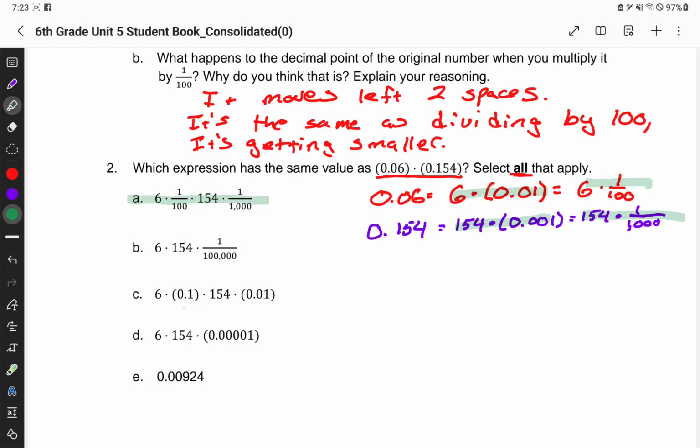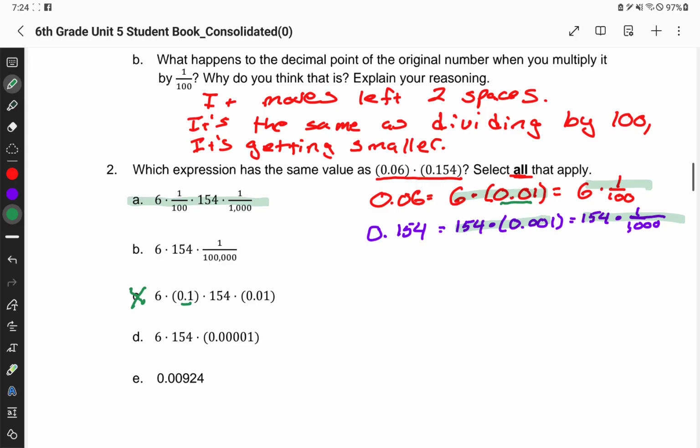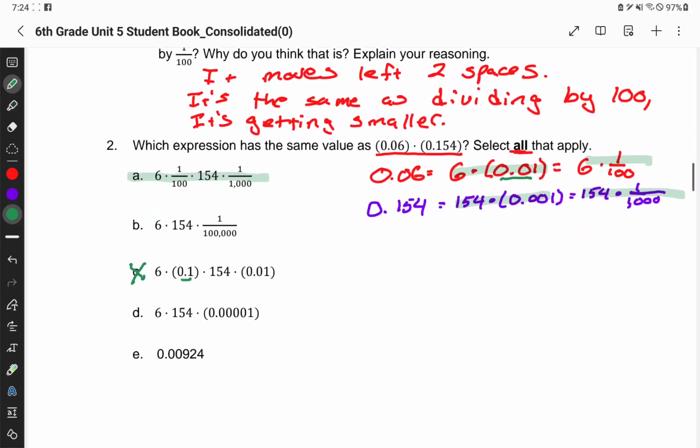Choice C says 0.1, but we need 0.01. So C does not work. The next thing is, we don't see 0.01 at all. And none of the others appear to work. Then let's take the next step.